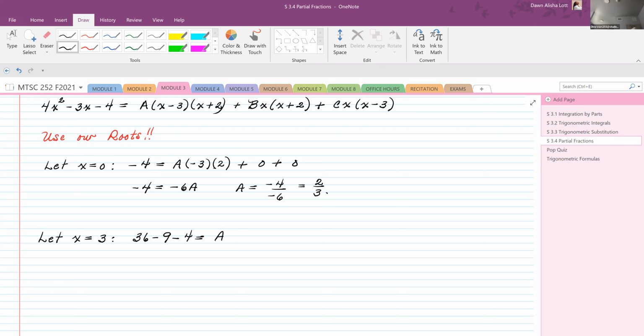Okay, the left-hand side, I agree with you. That's going to be 23. But what do you get on the right-hand side? Three minus 3.